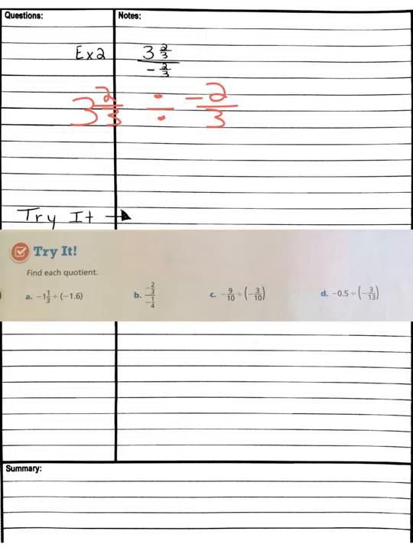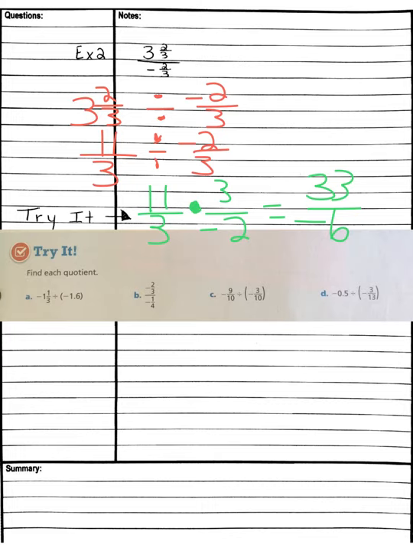So we have 11/3 divided by negative 2/3. Now if we're going to change this to multiplication, we keep the 11/3, change divide to multiply, and the reciprocal would be 3 over negative 2. When we multiply straight across, we get 33 over negative 6. We could divide both of those by 3 and get 11 over a negative 2.